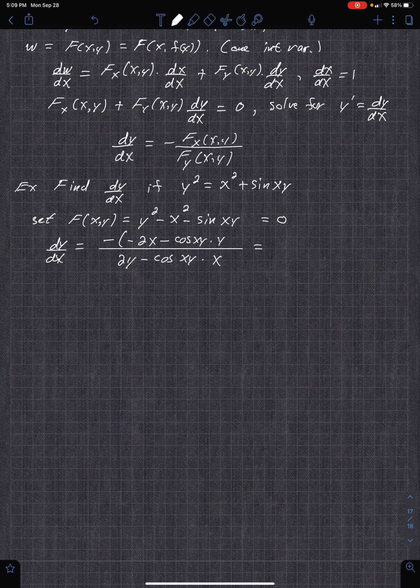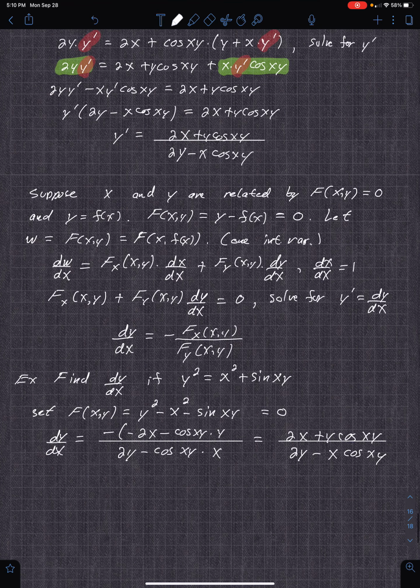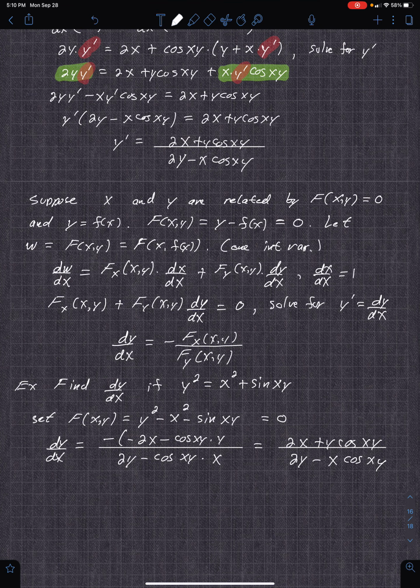With a little simplification, you get 2x plus y cosine xy over 2y minus x cosine xy. Two steps, and take a look. You have exactly the same thing. This and this. Exactly the same, using this partials concept instead of implicit. So that's really nice, isn't it?